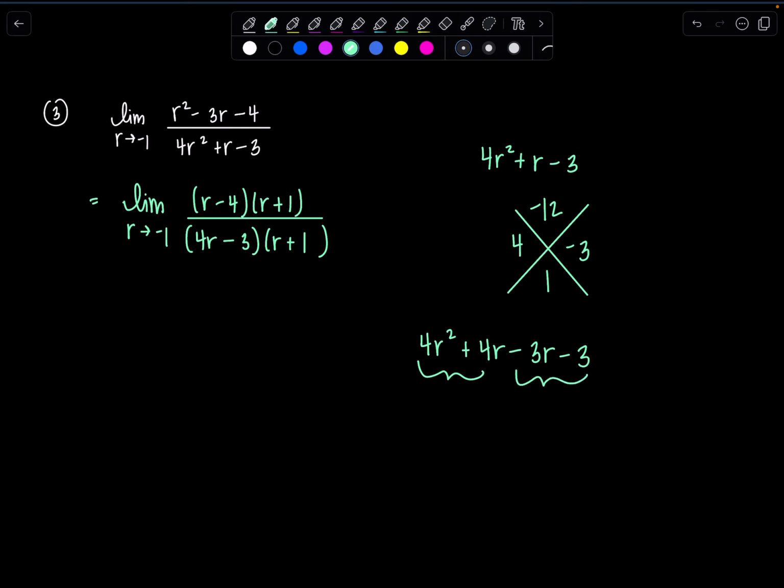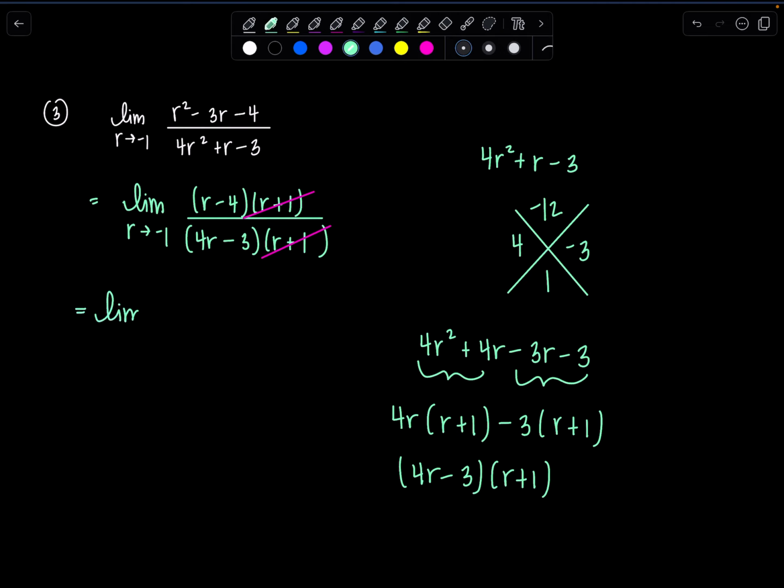Factor by grouping now. So take out 4r, r plus 1, minus 3, r plus 1. Don't forget to switch the sign. And then boom, 4r minus 3, r plus 1. The nice thing with the AC method is it always works, right? So long as your trinomial is factorable. R plus 1 cancels no matter how you slice and dice it.